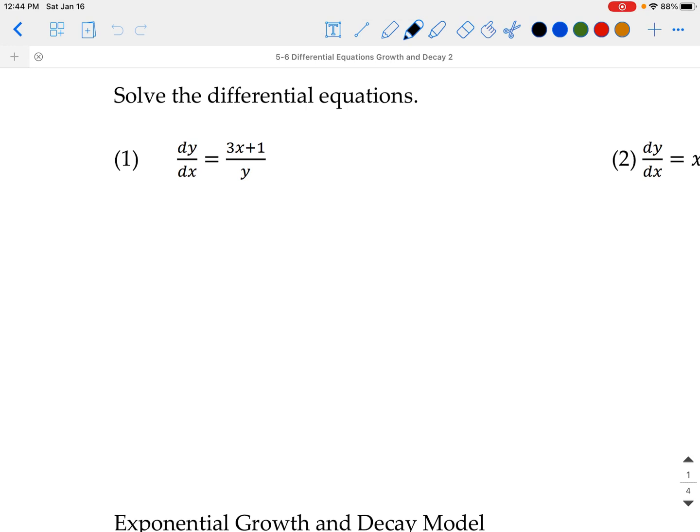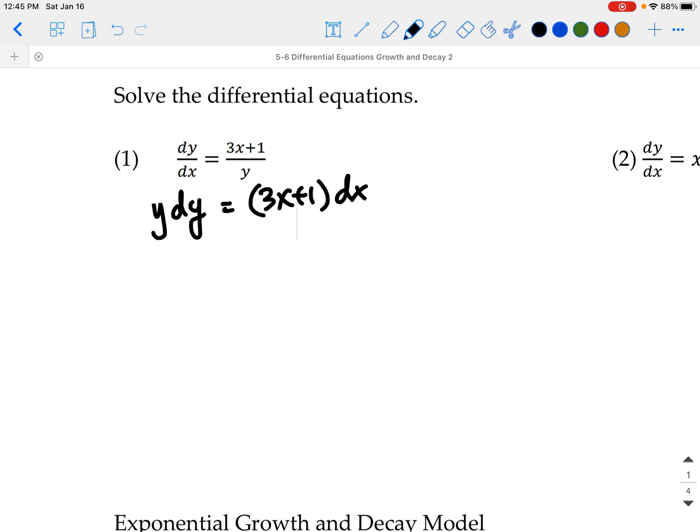So for number 1 here, we've got dy over dx is equal to 3x plus 1 over y. So we'll move the y over to the left-hand side of the equation and the dx over to the right-hand side by multiplying both sides by those values. So this is equivalent to y dy equals 3x plus 1 dx.